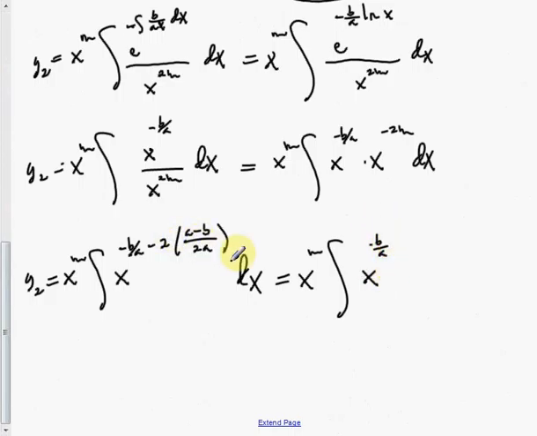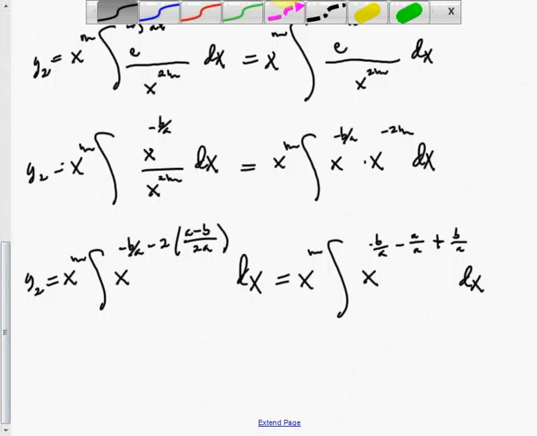The 2's cancel out. This is minus a over a, and the minus is plus. We got rid of the 2, so this is plus b over a, dx. The minus b over a and the plus b over a would cancel out.